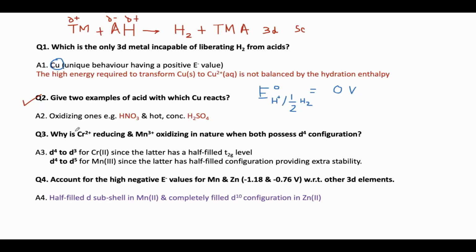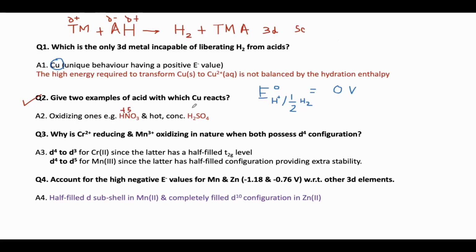The acids which are oxidizing in nature, which have some kind of oxidizing power, are able to overcome the destabilization that comes from this copper 0 to copper 2+. So these two acids are, first, nitric acid. In nitric acid, the oxidation state of nitrogen is +5.